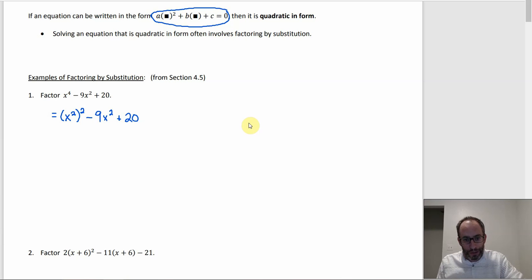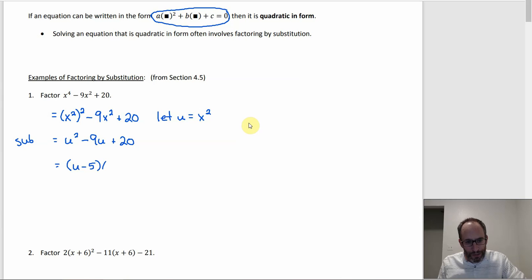So for the substitution, we would let u equal x squared. Then in that step, what you would have is u squared minus 9u plus 20. And then that's going to factor. You need a pair of factors of 20 that add up to negative 9, which would be negative 5 and negative 4. So we should get u minus 5 times u minus 4.